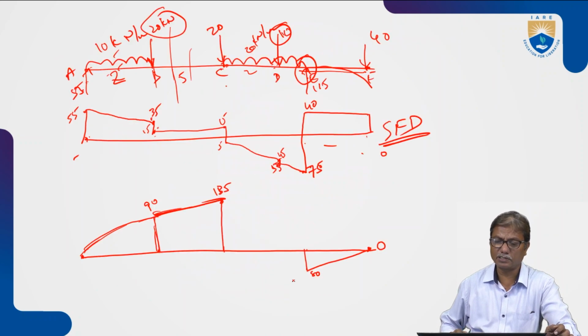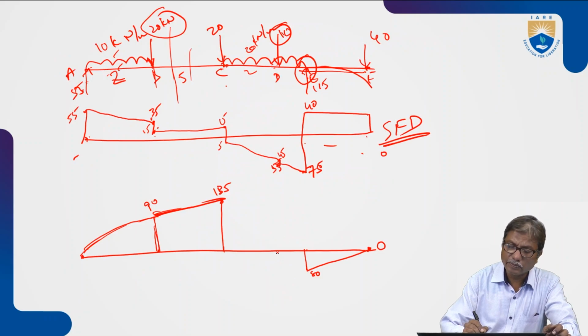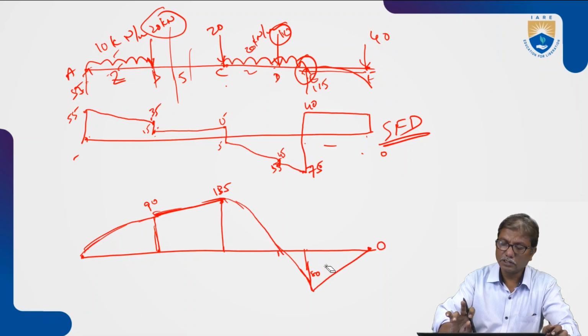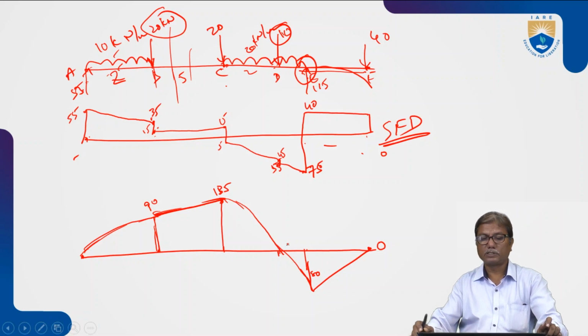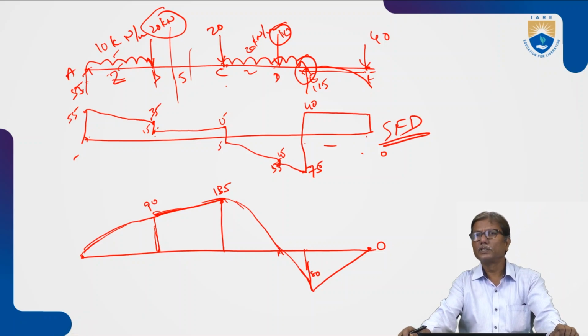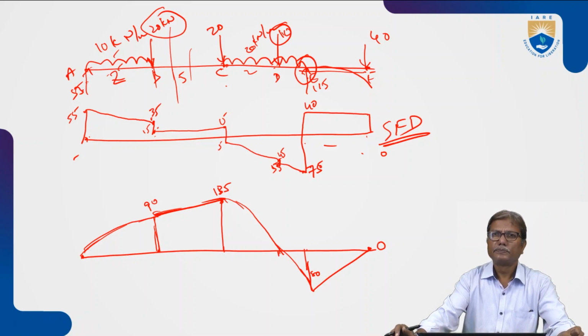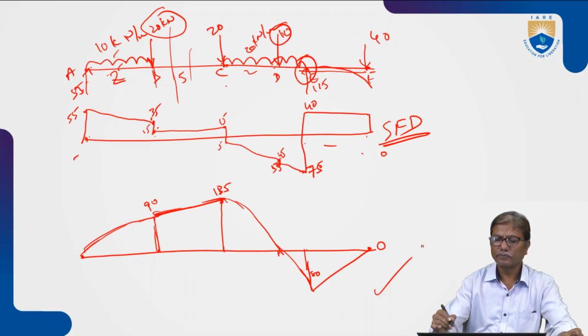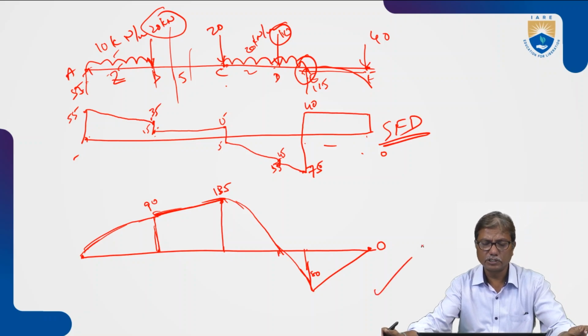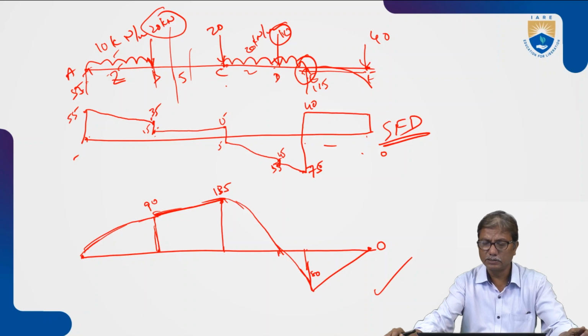Let us take it as minus 10. So it is a parabolic variation. We are not drawing it to the scale. If you draw it to the scale, you will be getting exact diagram. It's only a rough sketch. That's how we proceed for drawing shear force and bending moment diagrams.